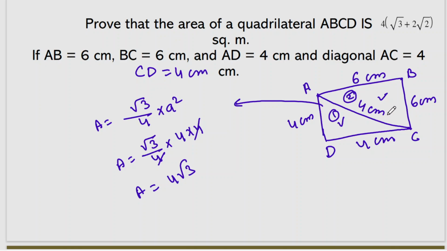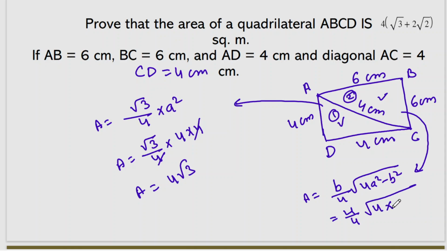Now we will find the area of this triangle. The area of this isosceles triangle is b by 4 under root 4a square minus b square. What is b? B is the unequal side, so 4 by 4, and then you will be left with 4a square. What is a? A is your 6, so 6 square minus 4 square.